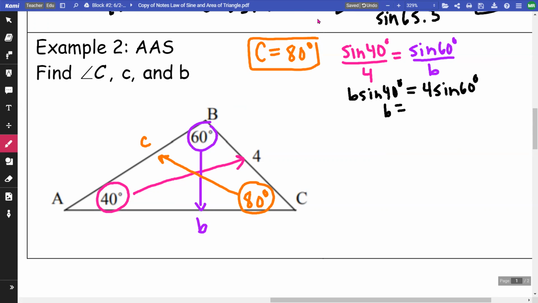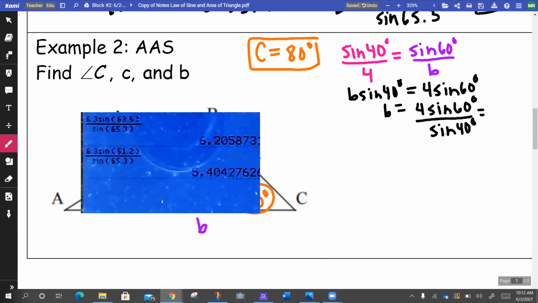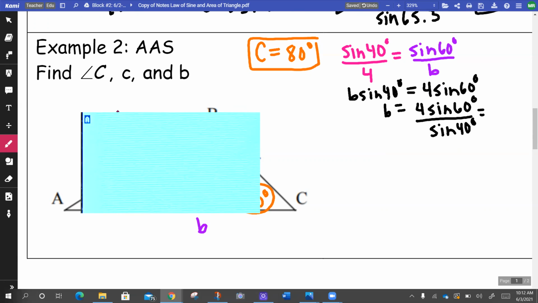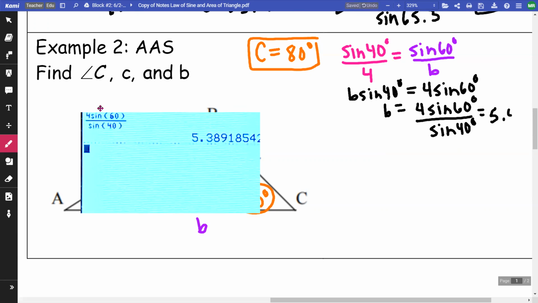I'm going to divide both sides by sine of 40 degrees. I'm going to put this in my calculator and get my answer. So for that, okay, I am going to have 4 sine of 60 over sine of 40. And I end up with 5.4. Let's give one number after the decimal. So 5.4 for side B.